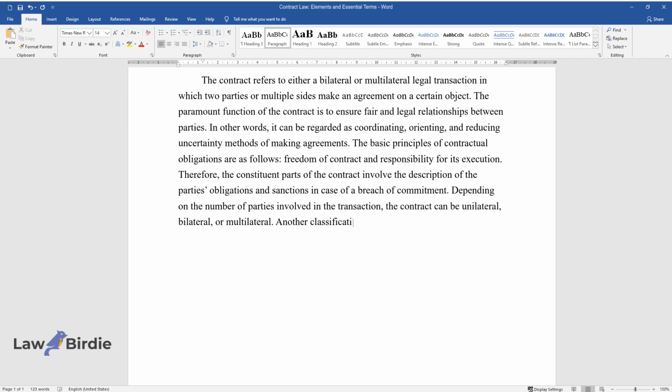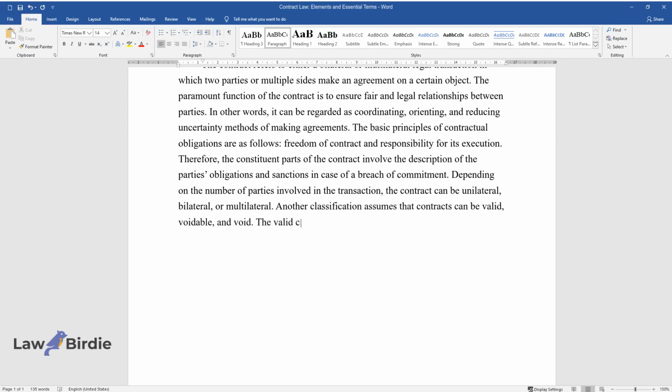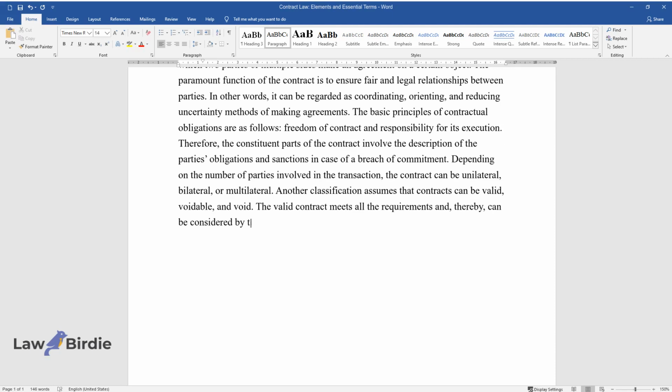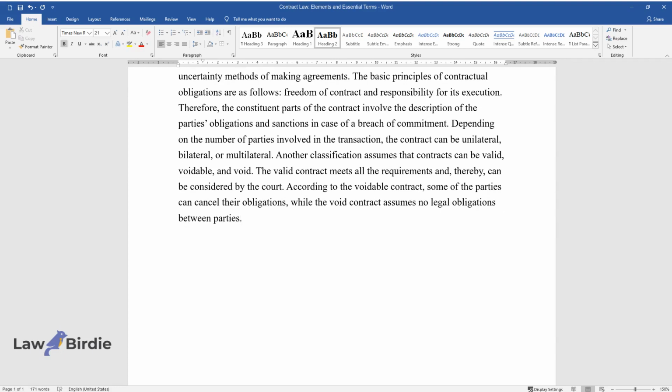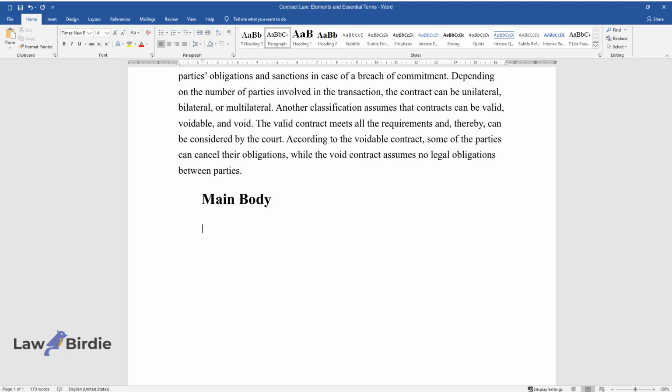Another classification assumes that contracts can be valid, voidable, and void. The valid contract meets all the requirements and, thereby, can be considered by the court. According to the voidable contract, some of the parties can cancel their obligations, while the void contract assumes no legal obligations between parties. Main body.